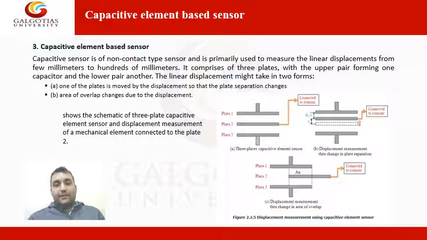If there is a change in plate separation, then there is a dx, that is measured. And this is displacement measured through the area of overlap. If there is a change in the area of overlap, then this is also measured. So this is displacement measured using capacitive element based sensors.